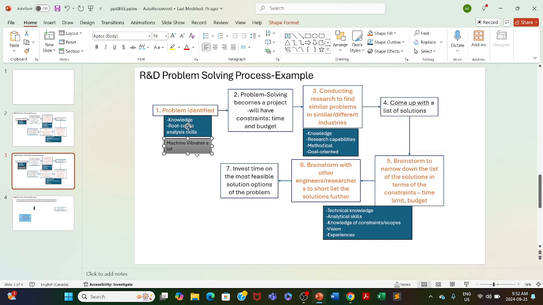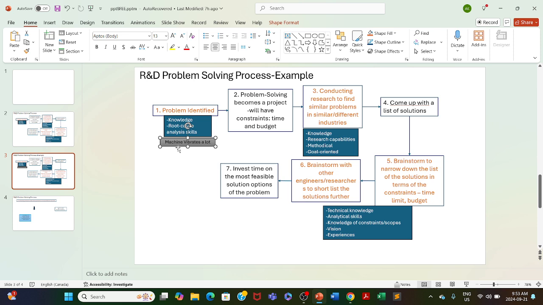This one. Machine vibrates a lot. Should I make it 13? Yeah. So machine vibrates a lot. I will make it center as well. That is what our problem is. Our machine vibrates a lot, and I have to find out a way of solving it.